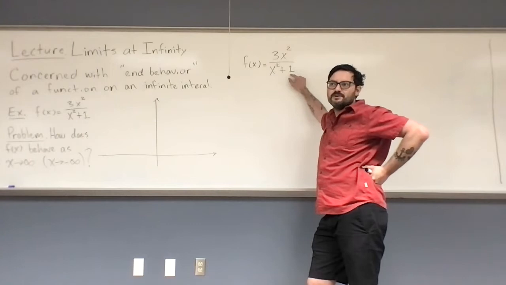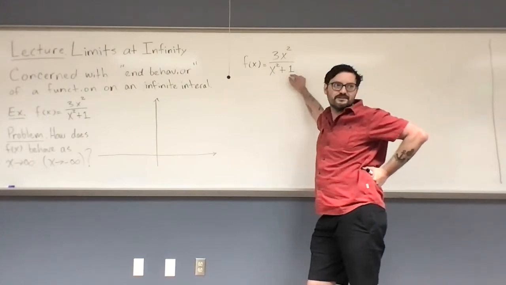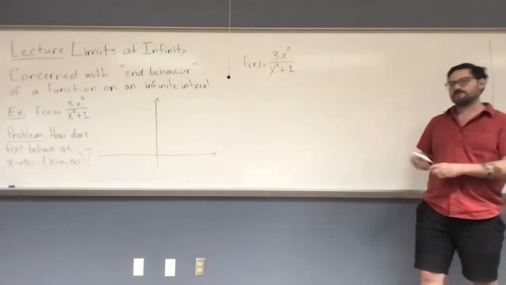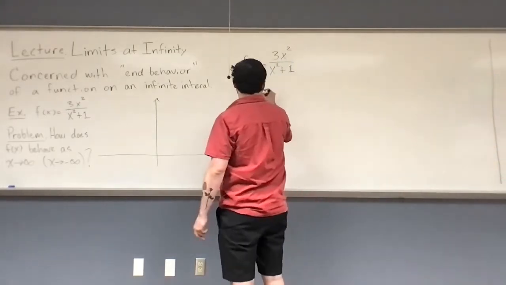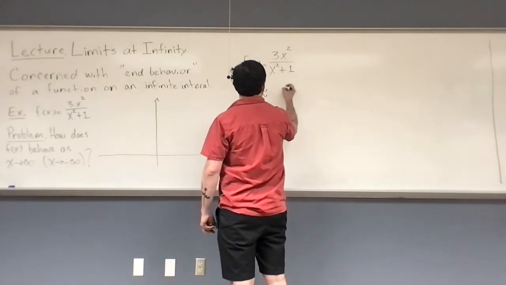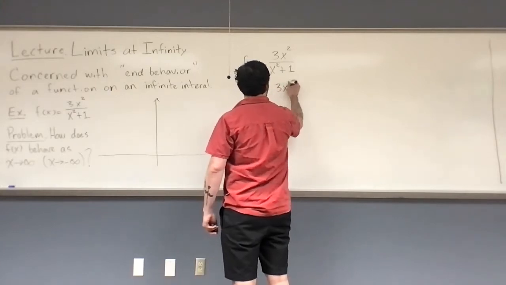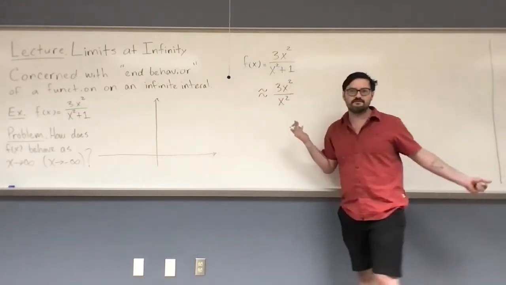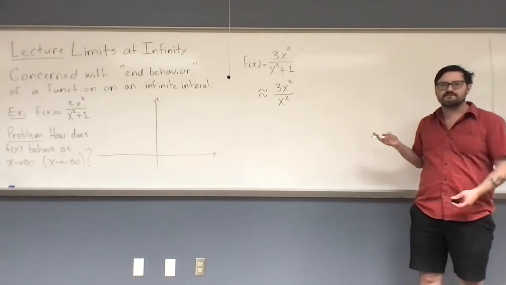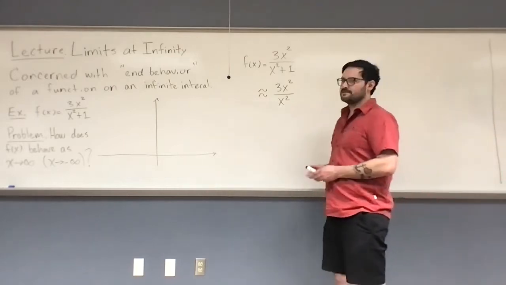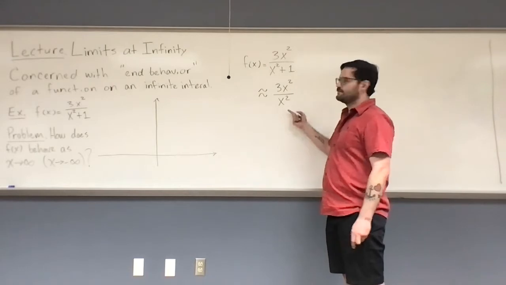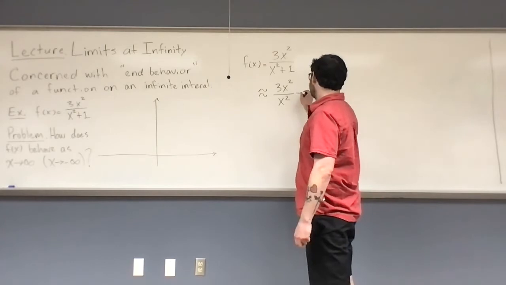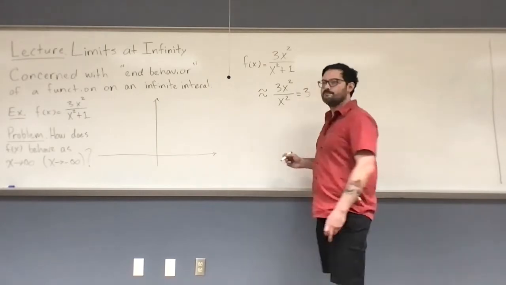No. 1 billion squared plus 1 is basically 1 billion squared. So in my mind, this function is approximately the same as 3x squared over x squared. But x squared divided by x squared is just 1, so what are we left with? We're left with just 3.